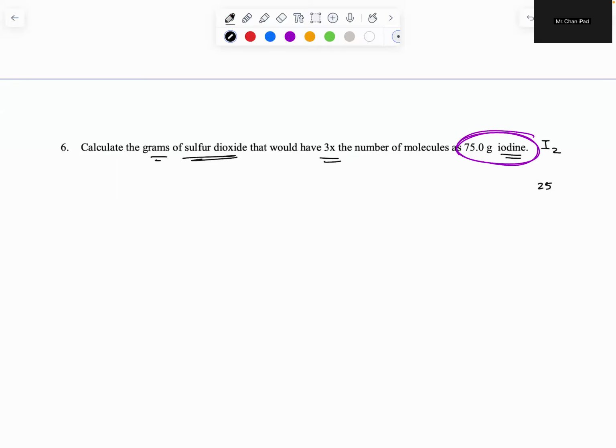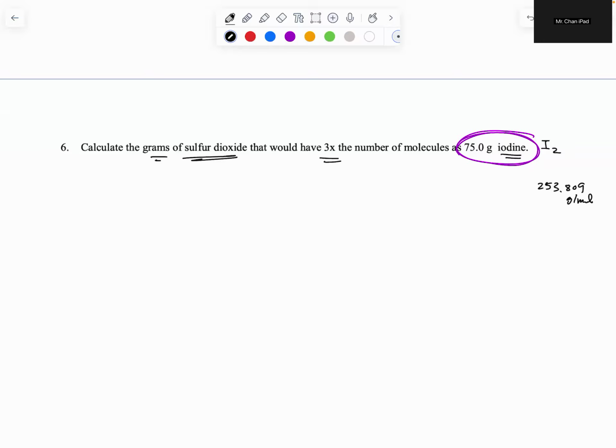And that is 253.809 grams per mole. So if I know the number of grams of iodine, I shall know the number of moles of iodine, how many moles there are.